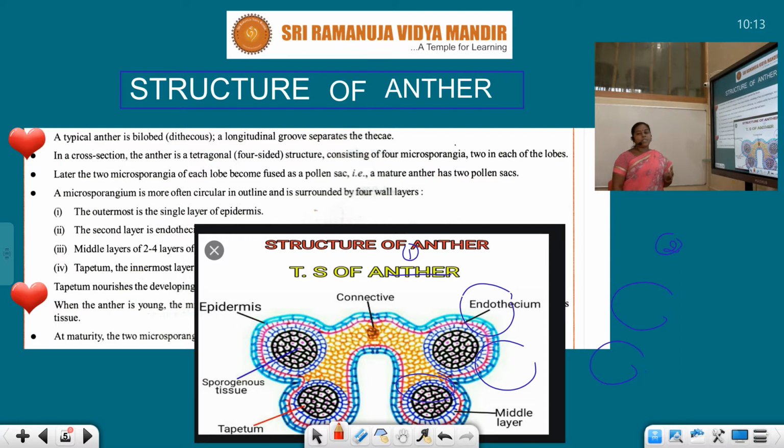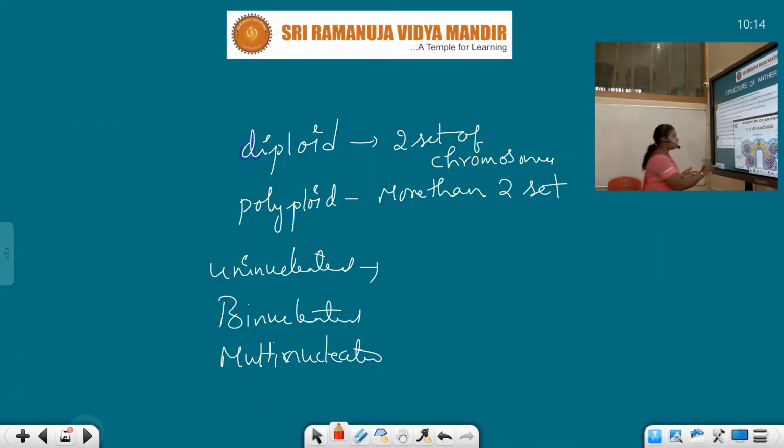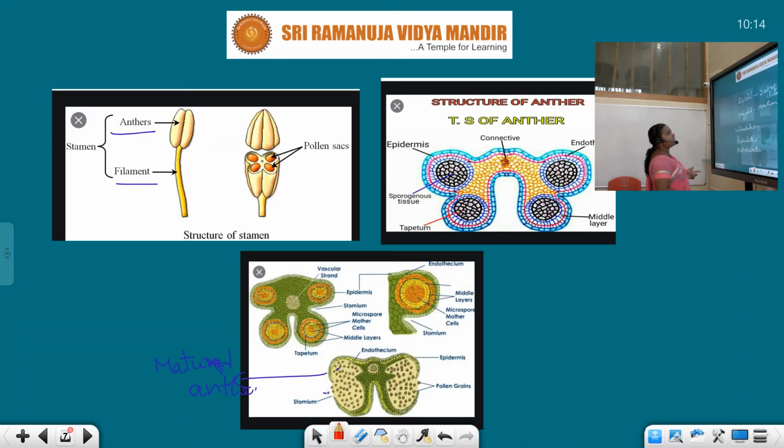Actually the structure of anther is bilobed, and we can also call this dithecous, and a longitudinal groove separates the theca. And see students, if you examine the cross section of the anther, this is the next diagram.